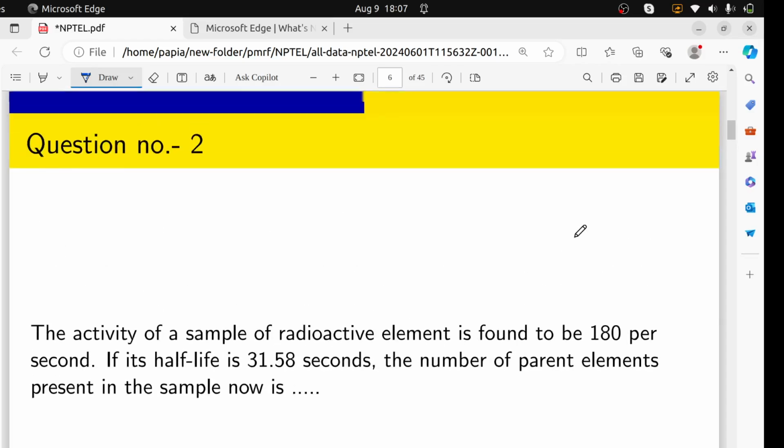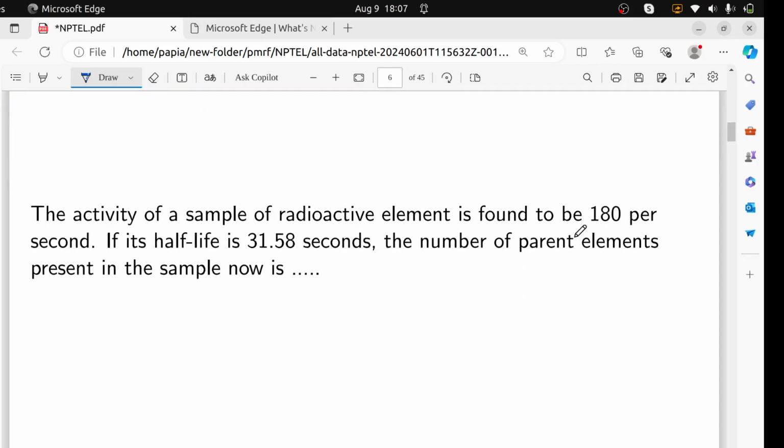So for question number 2, what is the question? The activity of a sample of radioactive element is found to be 180 per second. If its half-life is 31.58 seconds, the number of parent elements present in the sample now is how much? For the radioactivity chapter, we need to know only one expression, that is N equals N0 e to the power minus lambda t.